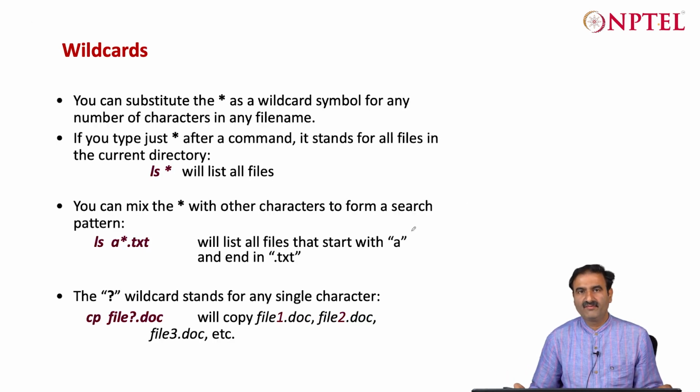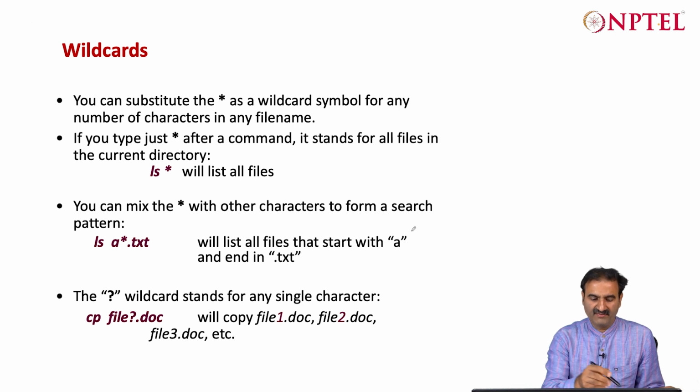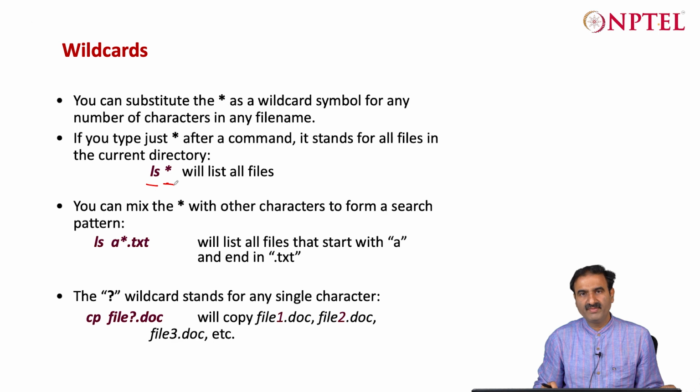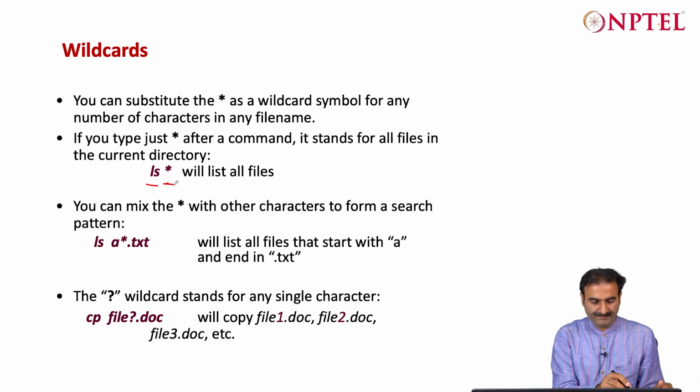Then there are wildcards also here, like if I say ls star, okay. That will give me anything and everything that is there in the folder or directory where you are. So star is a wildcard in Linux, which means you don't have to specify the full name, okay.